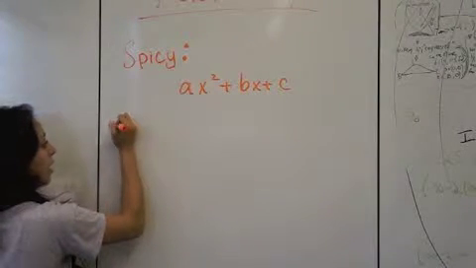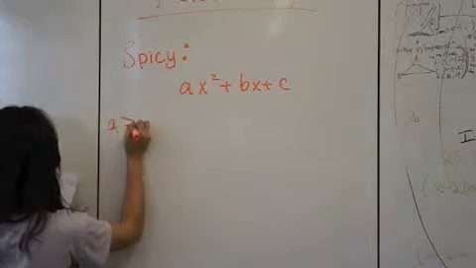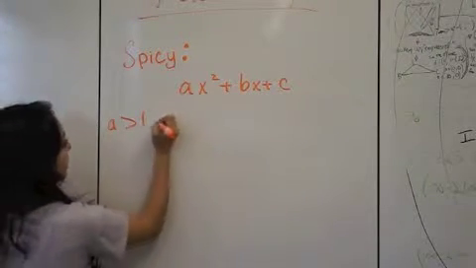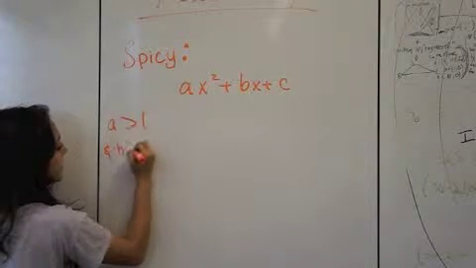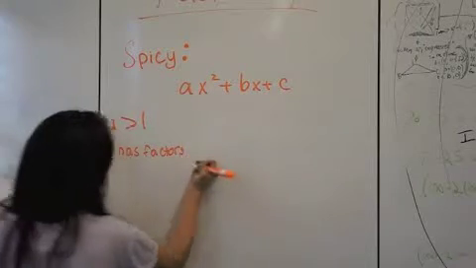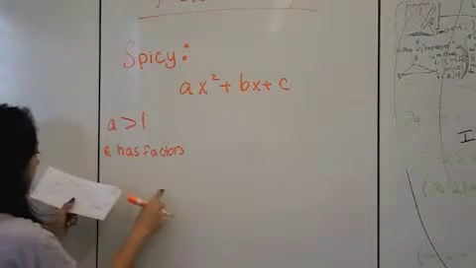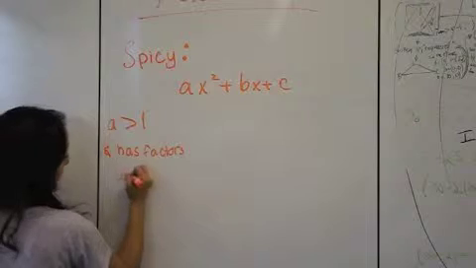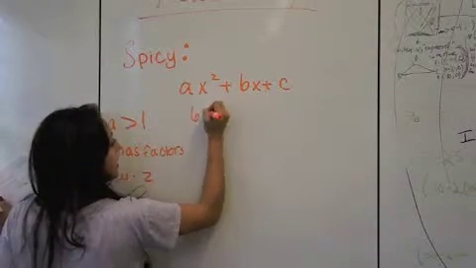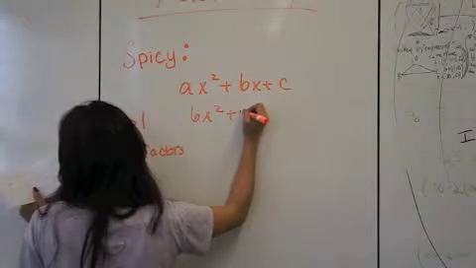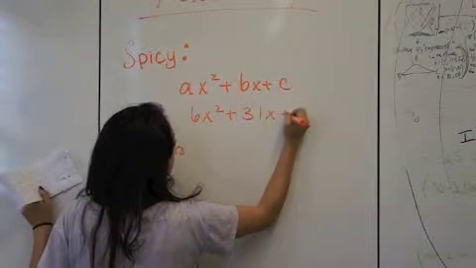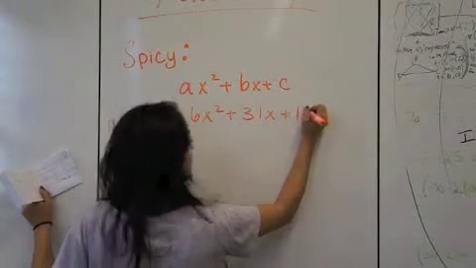So when a is bigger than 1 and has factors, we're going to call these factors w and z. And we're going to make the formula 6x squared plus 31x plus 18.